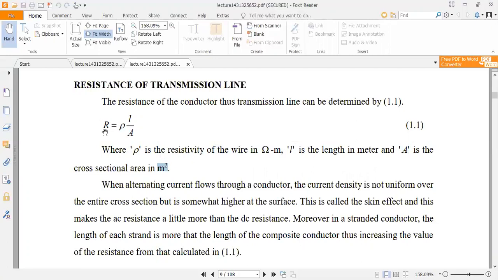So this is the basic formula to calculate the resistance of any conductor, that is R is equal to rho L upon A.